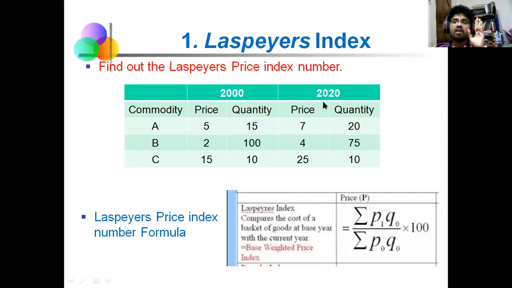You want to know how much the price increases from 2000 to 2020. That is the Laspeyer price index, how much the price index has increased. In 2020, A's price is 7 rupees and you purchased only 20. B's price is 4 rupees and you purchased 75. C's price is 25 and the quantity you purchased is 10.